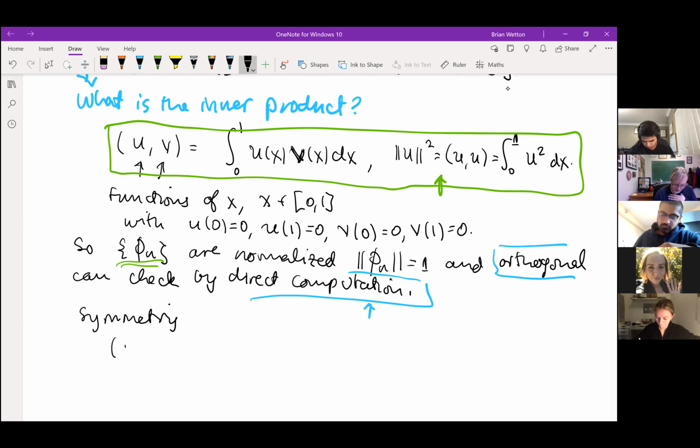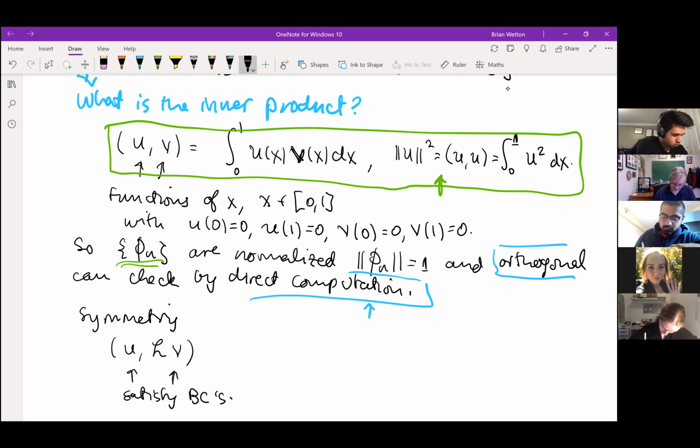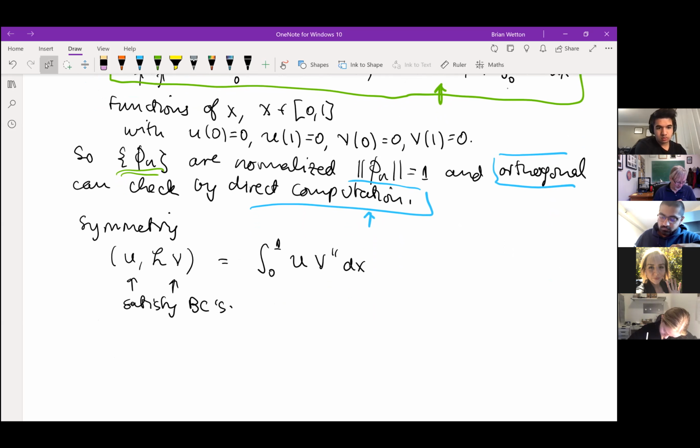I'm going to take the inner product of U and L times V, and these functions have to satisfy the boundary conditions. So that's the integral from 0 to 1 of U V double prime dx, where U and V satisfy the boundary conditions.